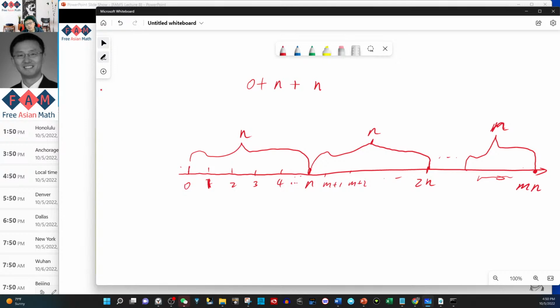Nothing really fancy, because we are just keep counting. One copy of n, you count n unit length, and adding another copy n, you count again another n unit lengths, and until you get the last one. That's about it. So that's what multiplication is visualized on the number line.